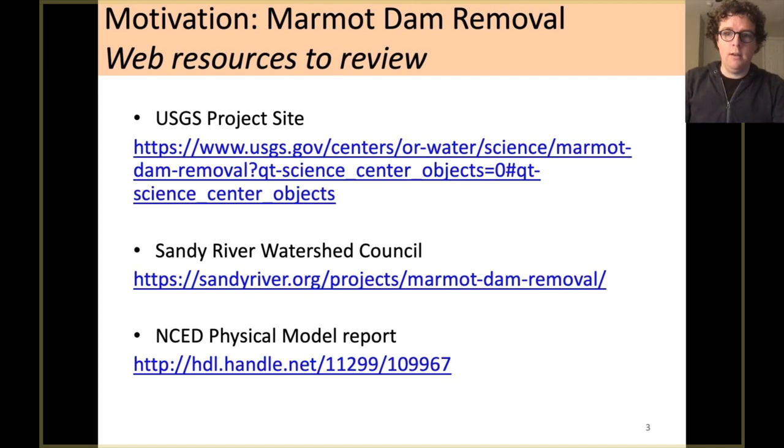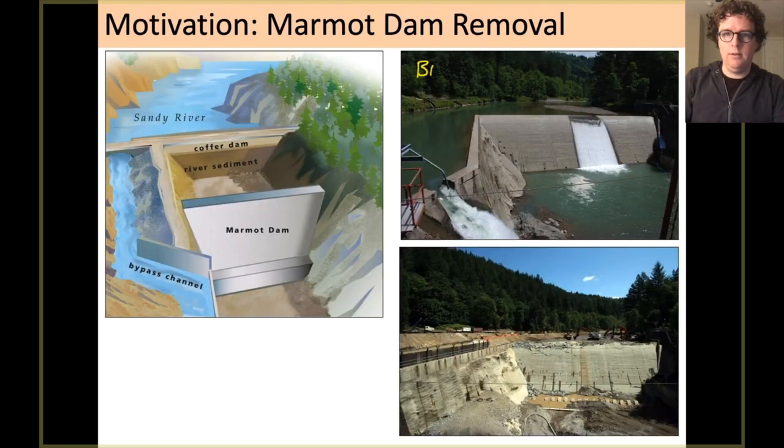So in short, the Marmot Dam, you can see up here on the top right of your screen, this is what the Marmot Dam looked like. Big concrete structure, a large river backed up behind it, the Sandy River. And what was done here was first to build a cofferdam behind it, or a temporary dam.